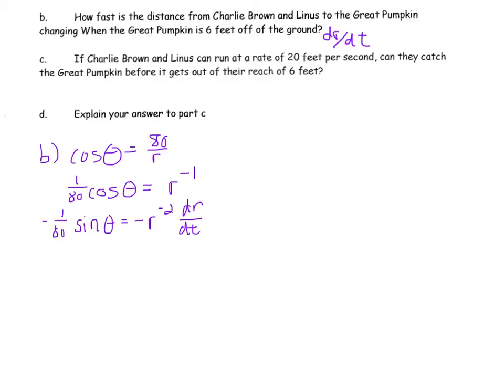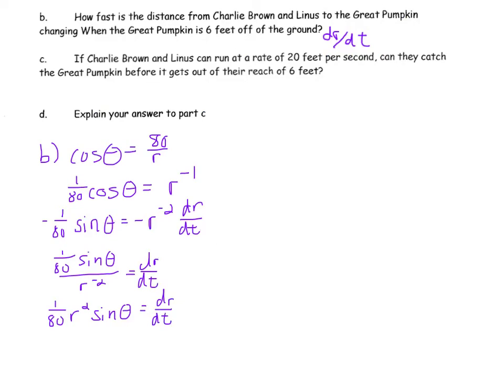And since we're solving for dr dt, we want to divide by the -r to the -2. So the negatives will cancel out. So we have 1 over 80 sine theta divided by r to the -2. And since that r to the -2 is on the bottom, I can move it to the top. So I have 1 over 80 r squared sine theta equals dr dt.